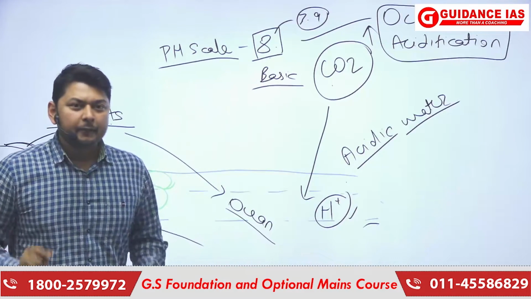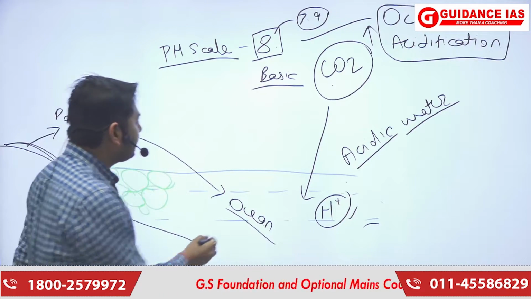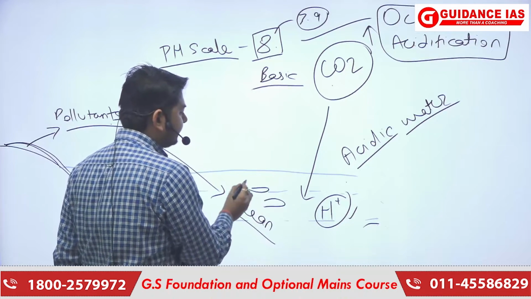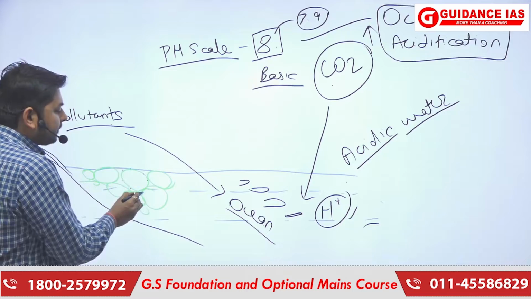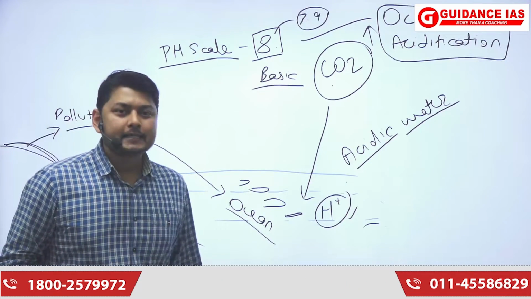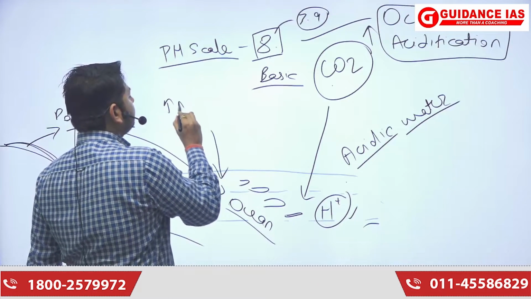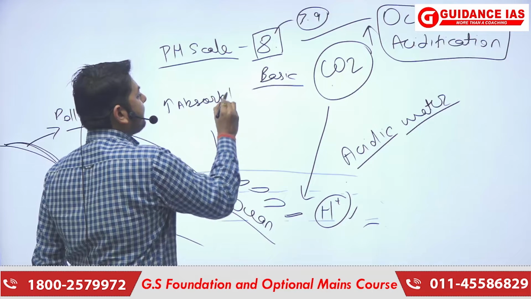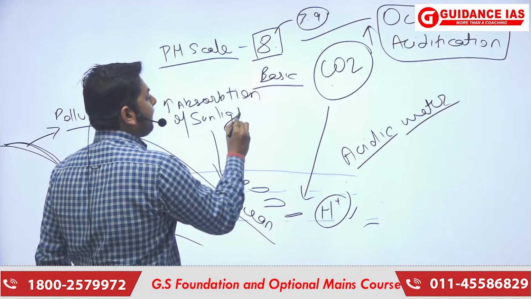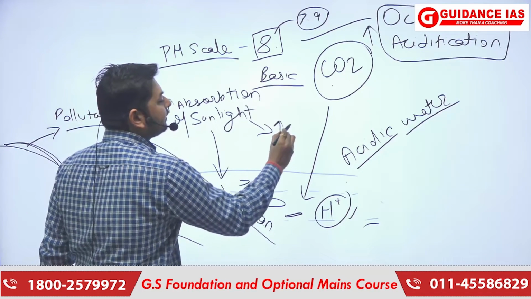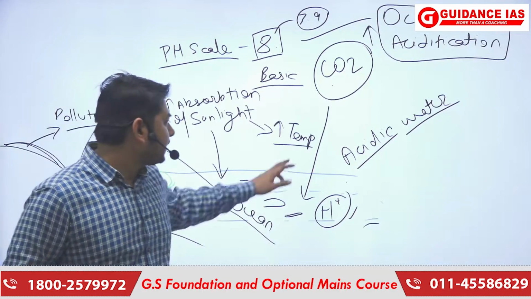Now, if the basic level is decreasing inside the ocean, then the marine organisms living here and the coral reefs will get affected because of the increasing acidity. There will be more absorption of sunlight, which will lead to an increase in the temperature of the ocean.